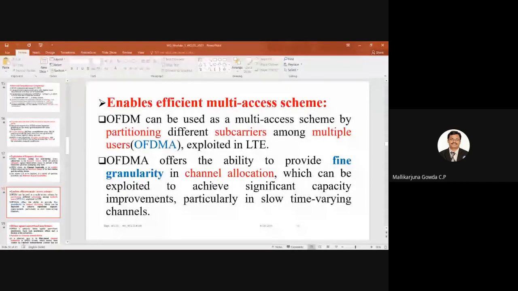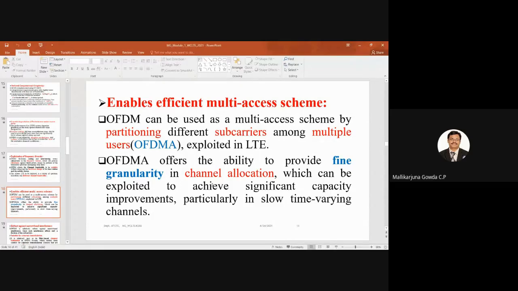FDMA, TDMA, then OFDMA, SC-FDMA and all, right? So OFDMA can be used as a multi-access scheme by partitioning different subcarriers among multiple users, that we call orthogonal frequency division multiple access, which is used in LTE for downlink operation.